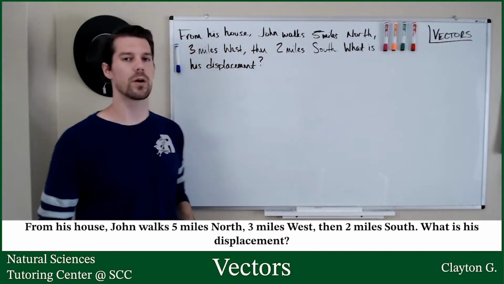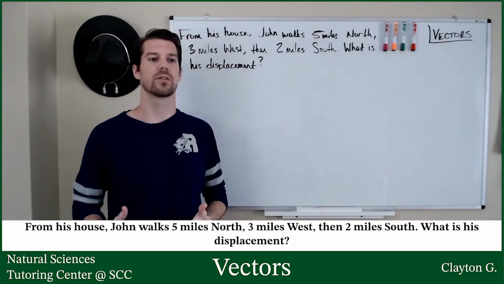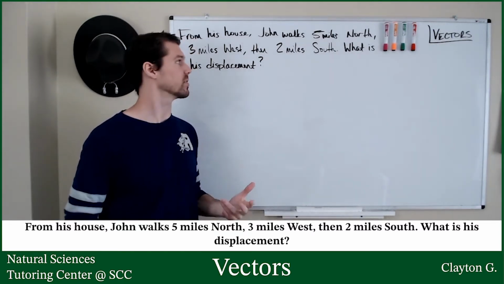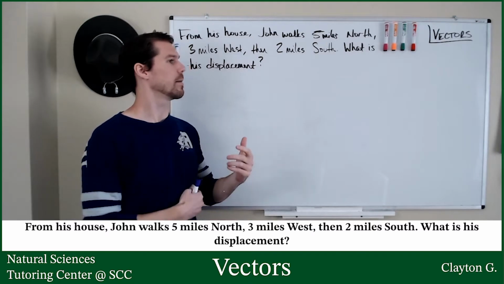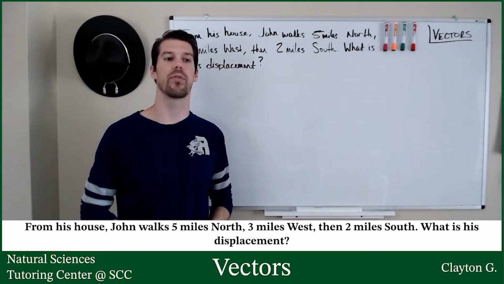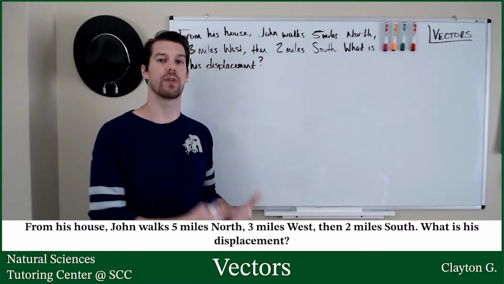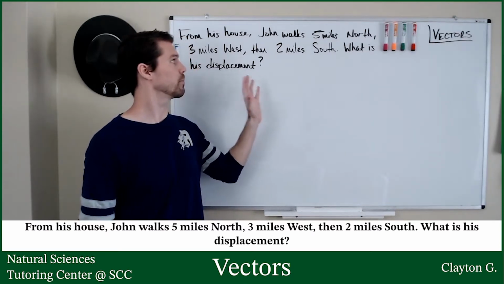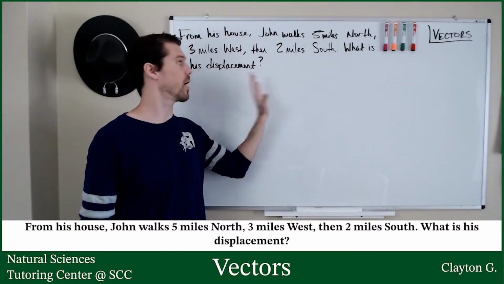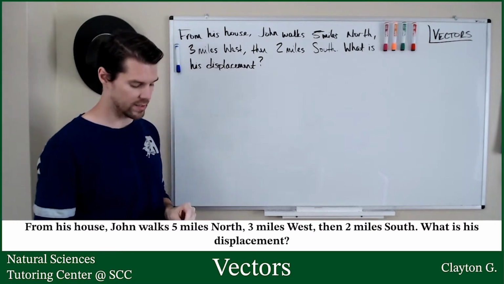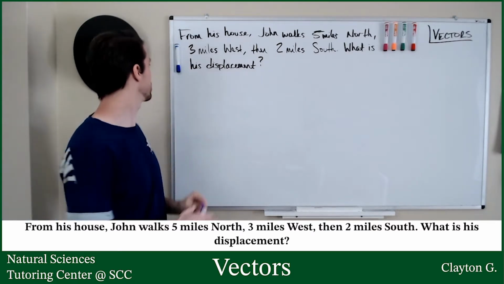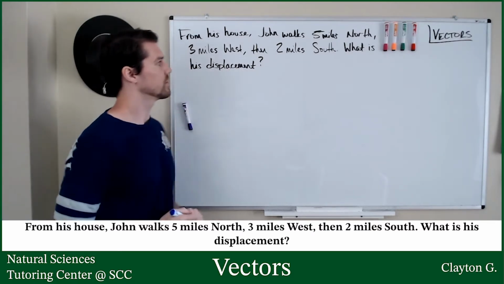First of all, we got to talk about what a vector even is, right? A vector is any quantity that has both magnitude and direction. So in this question, we can pull out the vectors right away. First one I see is 5 miles north.